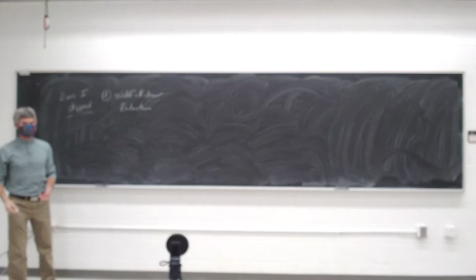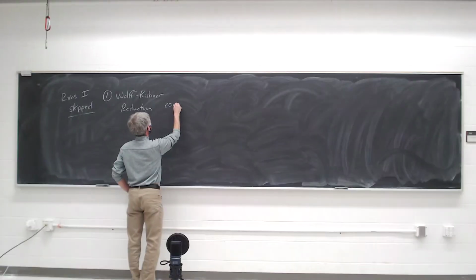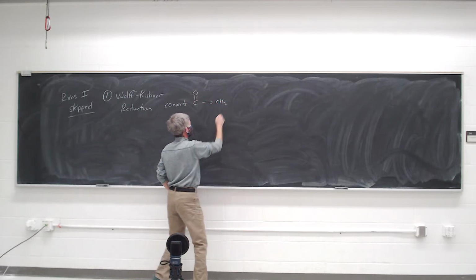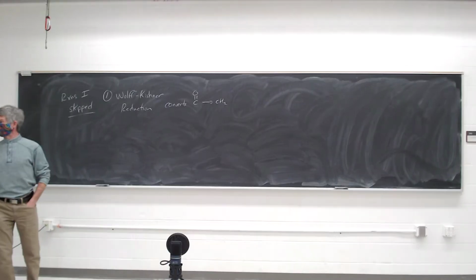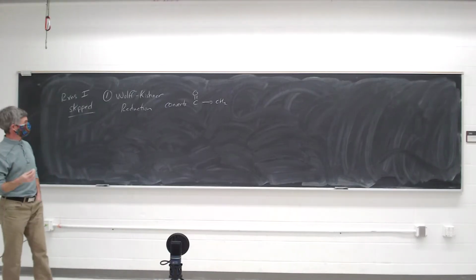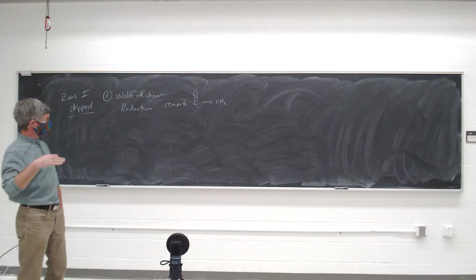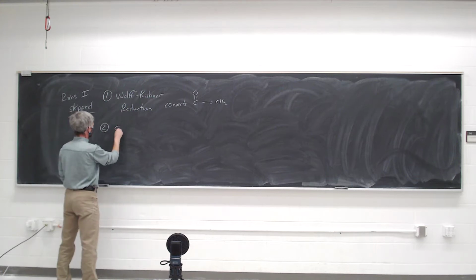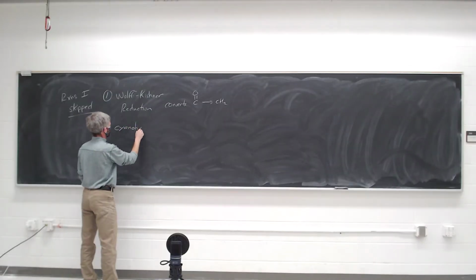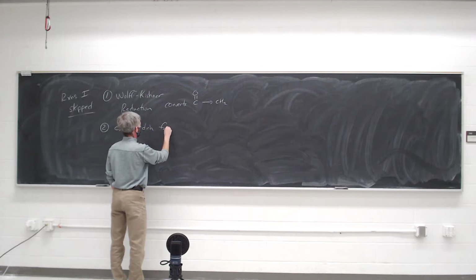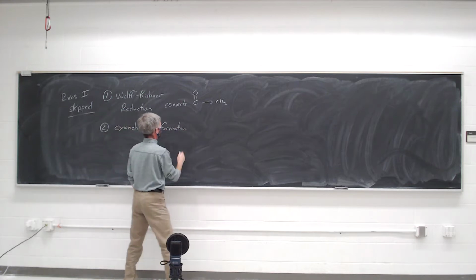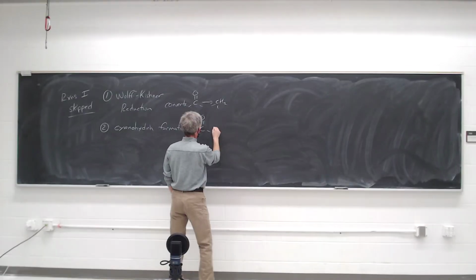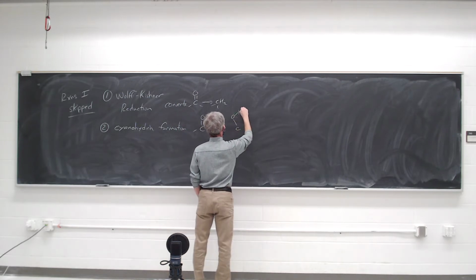One of those is the Wolff-Kishner reduction, which converts a carbonyl group to a CH2, completely removing the oxygen. So it's a reduction in the removal of oxygen sense and a reduction in the added hydrogen sense. The second is cyanohydrin formation, and that takes a carbon-oxygen double bond and adds HCN across the double bond.